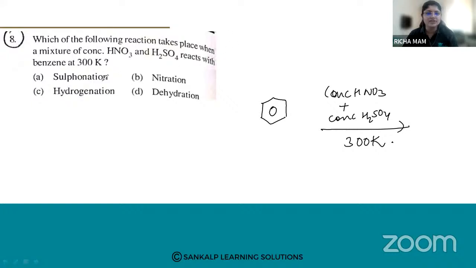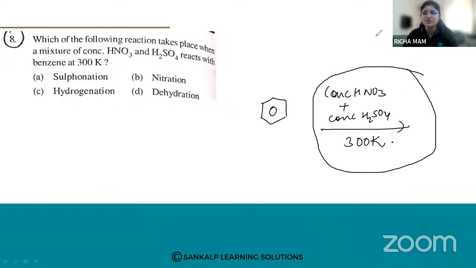Sulfonation, nitration, hydrogenation, dehydration. So you should know where this reagent is used.